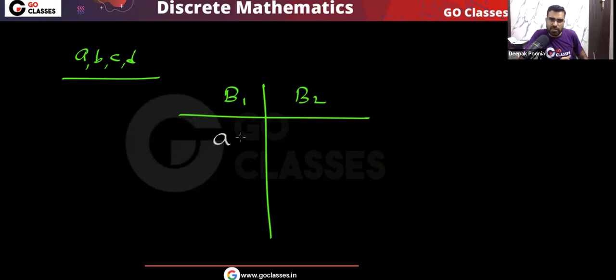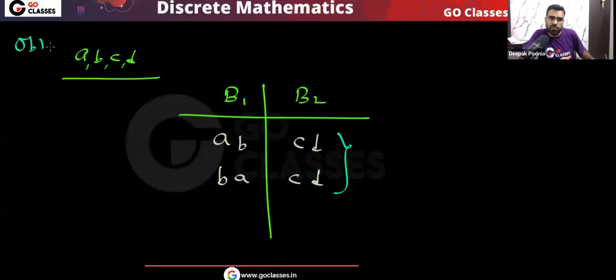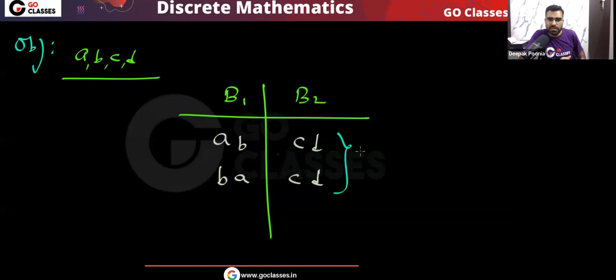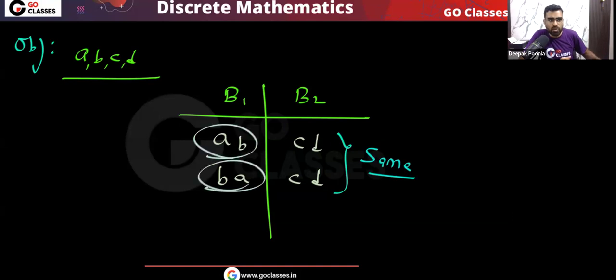Now in this case, you tell me, if I put AB here, CD here, and if I put BA here, CD here, are these same or not? Let me know. The objects are ABCD. These are different objects and these are different boxes. Now you let me know, these two cases, are they same or not? Yes, they are same, because remember, within a box, the order of elements does not matter.